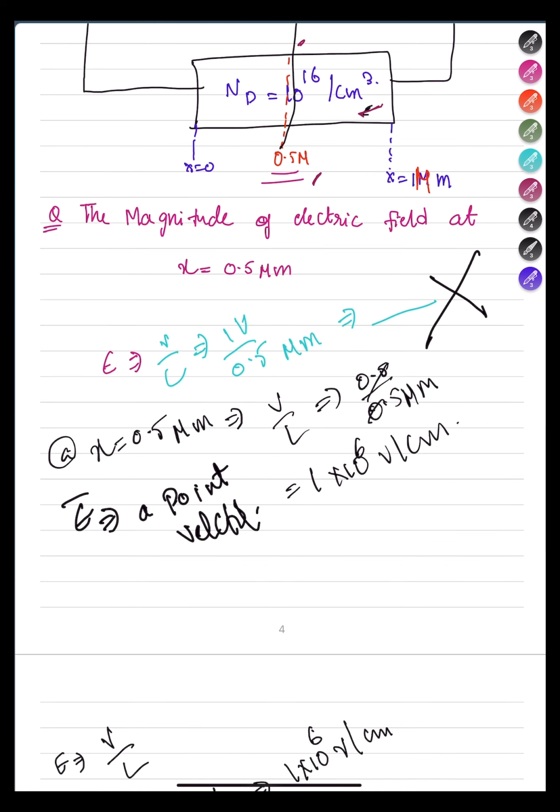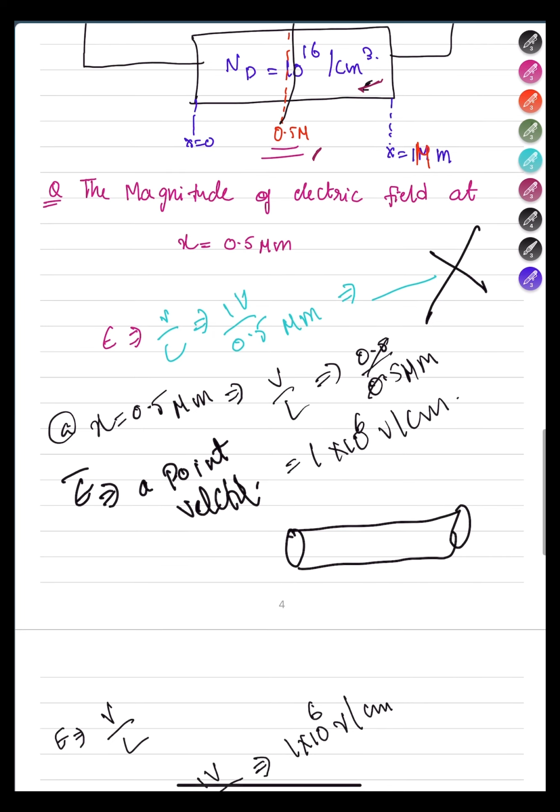For instance, if you take a wire, this length is L and the cross-sectional area is A. So R is equal to rho L by A. If the length is halved, the length becomes L by 2, then the resistance will become R by 2, because here resistance is cumulative.